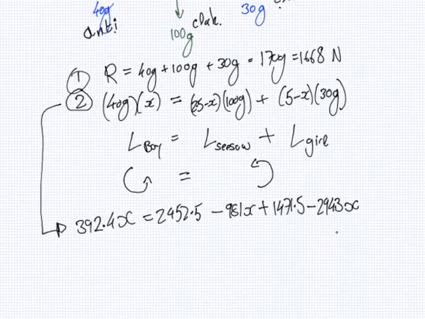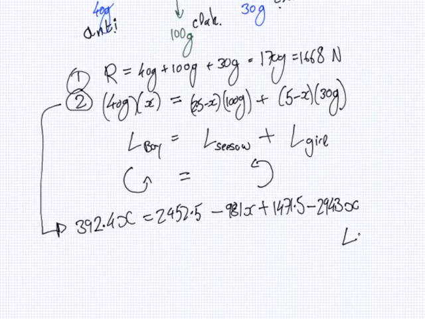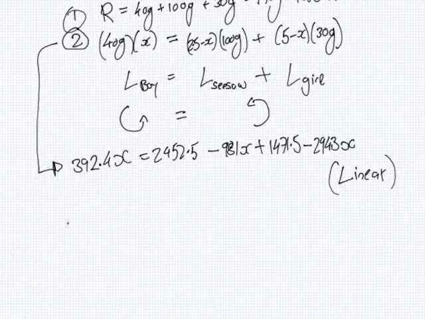Now this is very easy to solve. What type of equation is this called? It's a linear equation. You know how to solve this, right? I don't need to show you how to solve this, I hope. You put the x on this side and the numbers on this side. Go ahead, what do I do?